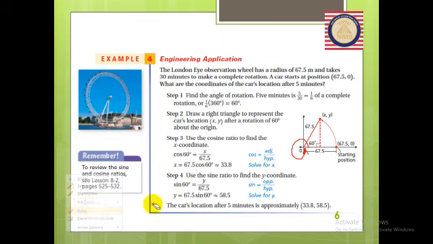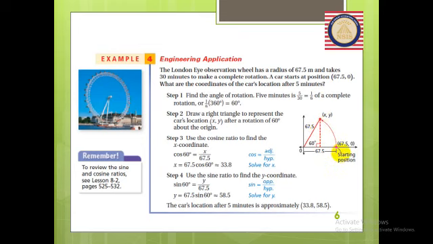Then I'm going to draw a triangle because I'm going to use the trigonometric ratios. I make a perpendicular here. This is the starting point and this is the ending point, the new position of the car.